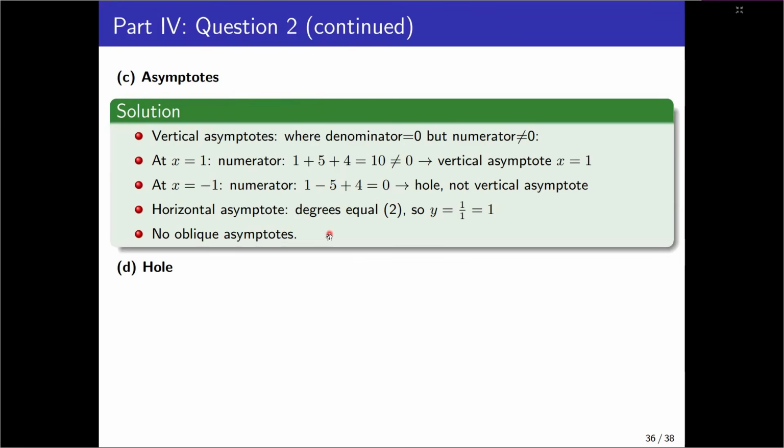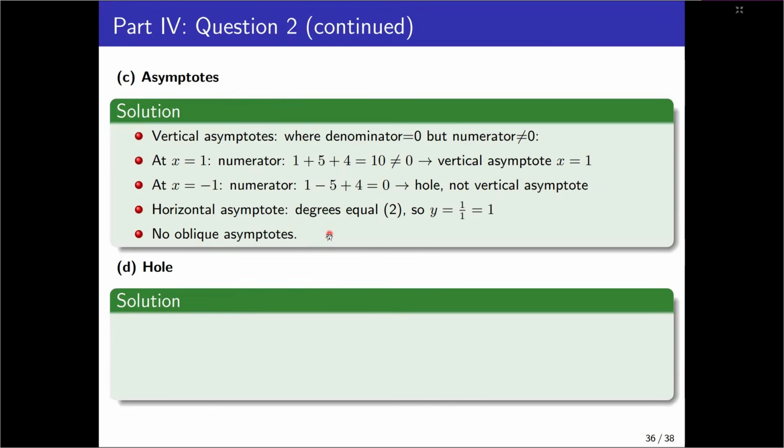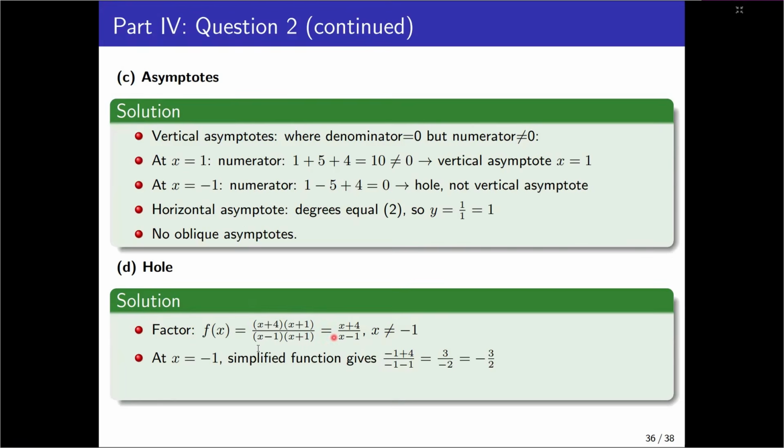To calculate the hole at x equal to minus 1, first we have to simplify the given rational function. The simplified form is x plus 4 over x minus 1, which is equivalent to the rational function whenever x is different from minus 1. At x equal to minus 1 in the simplified function, we have negative 3 over 2.